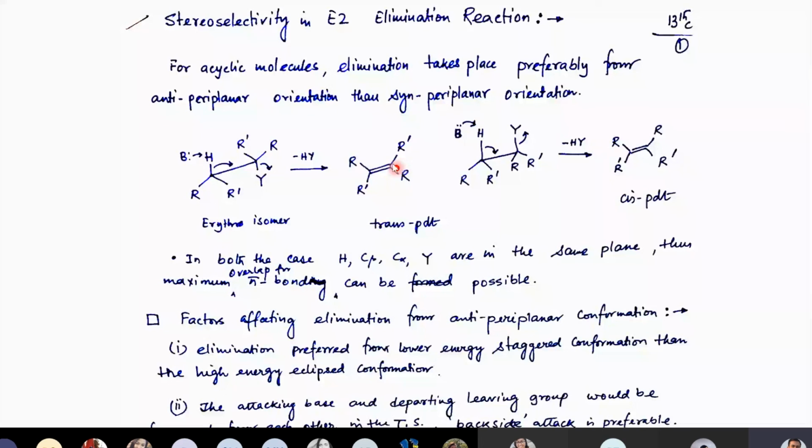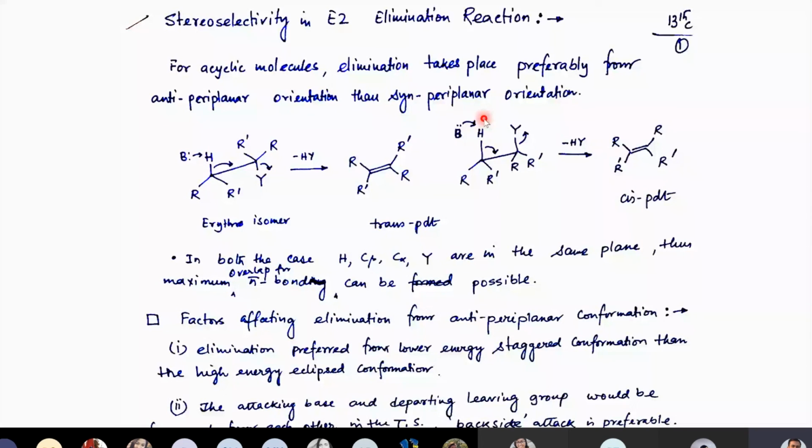If these are not in the same plane, these two p orbitals cannot overlap, and that is why the bond cannot form. That is why they have to be planar in nature. And this could be either anti-periplanar or syn-periplanar. So in this case, you see the proton, the hydrogen, and the leaving group are also in the plane, but on the same side. So it is syn-periplanar.